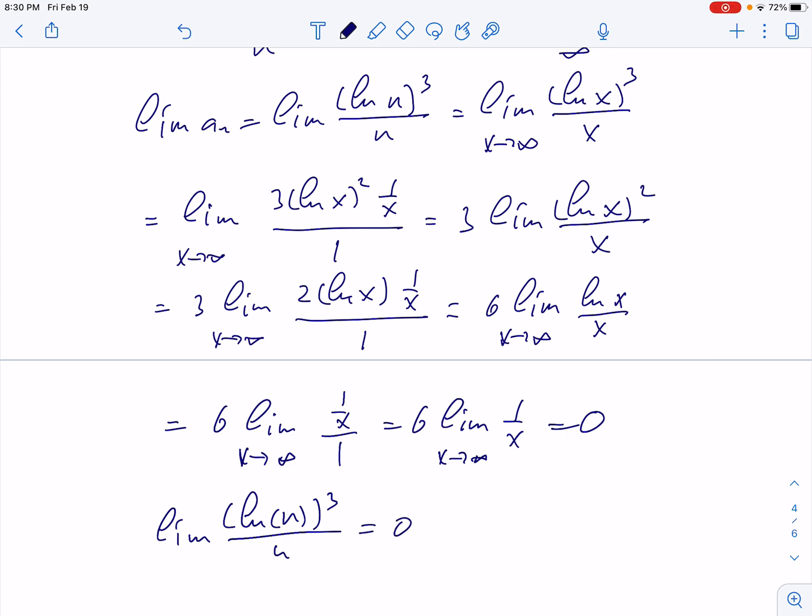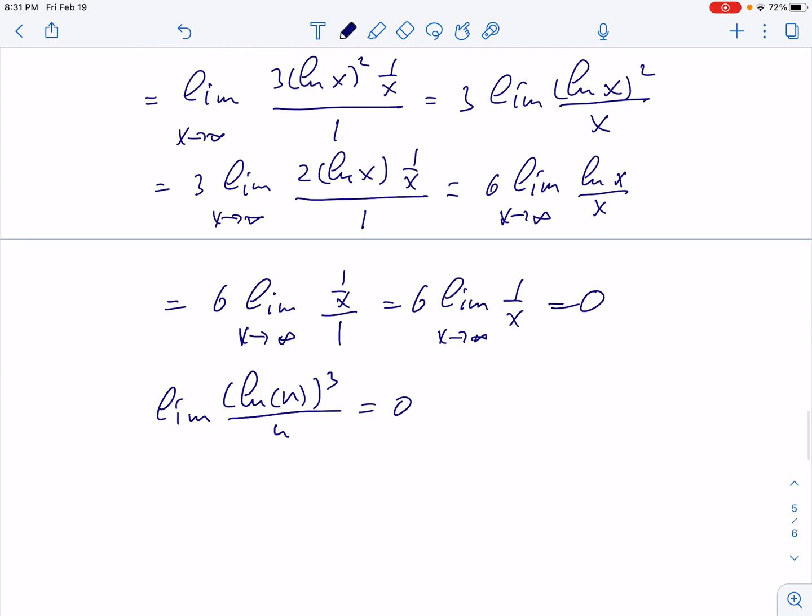We did this for power 3. If the power is 4 or 5 or even higher, we can just repeat the same work several steps. It will come to the first power of the logarithm, and then again L'Hopital, it will come to 1 over x, and the limit will be 0.